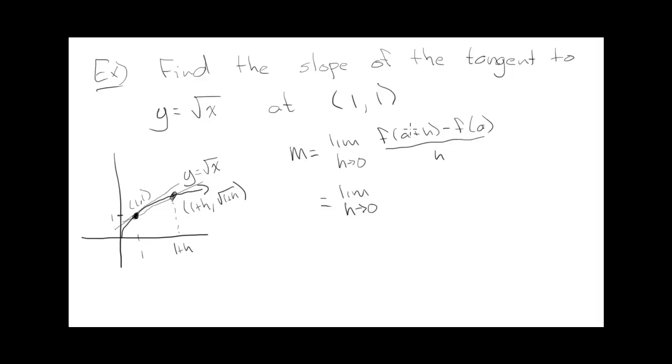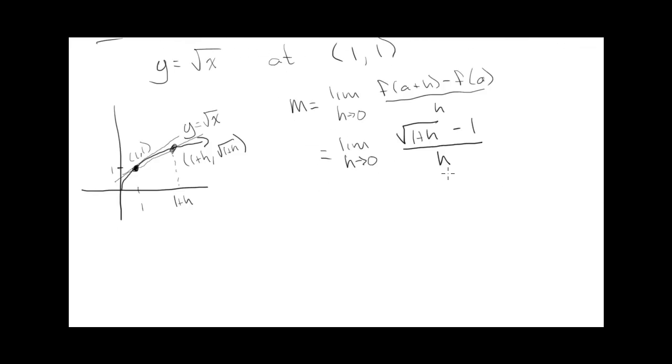Well, A is 1 and f is this, so that'd be square root of 1 plus h minus 1 all over h. So how do you evaluate this limit? You might try direct substitution, but that's not going to work. You get 1 minus 1, which is 0 over 0. So that won't work.